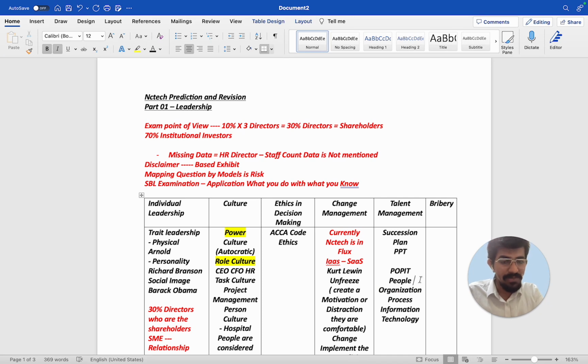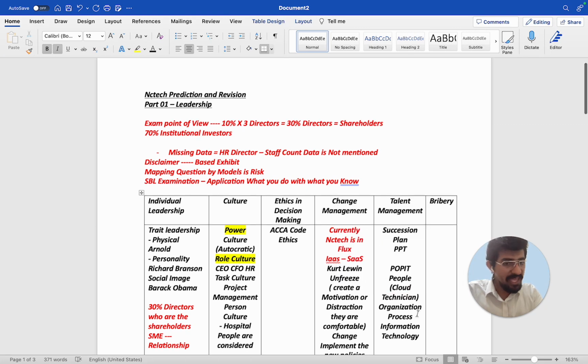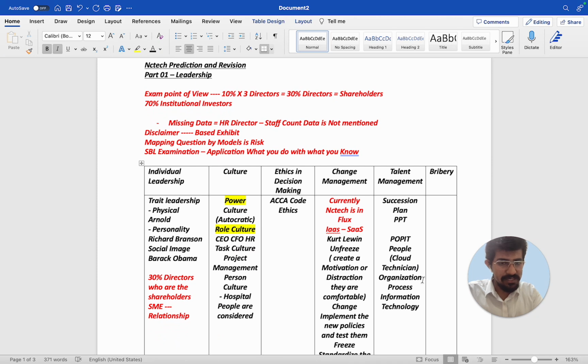For people, cloud architects or cloud technicians must be there, if I'm not mistaken, but they are not given in the examination. That is the question to be considered. On organization, we are not given how it works out. The HR function is not proper, the process is not given, and the IT, because we have to update our system. So this can come in the examination. Just have a review of this.